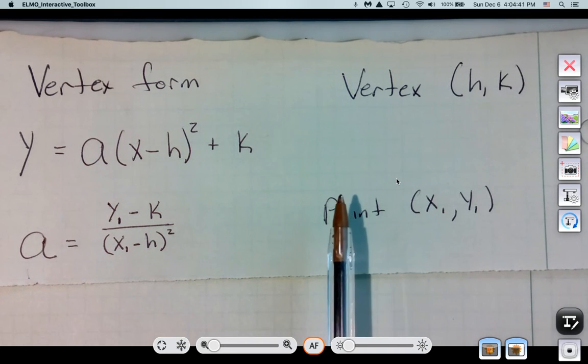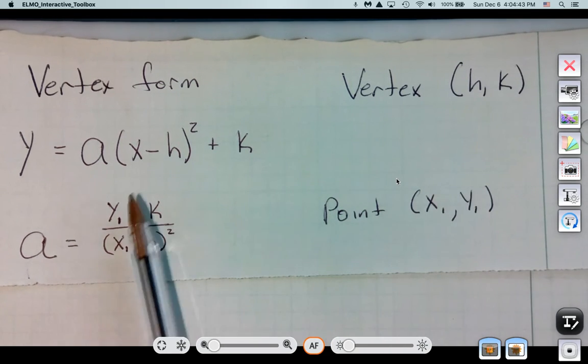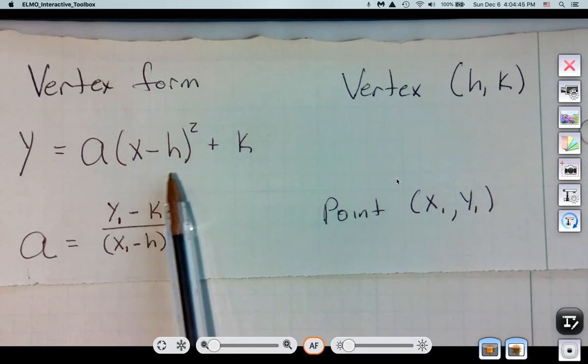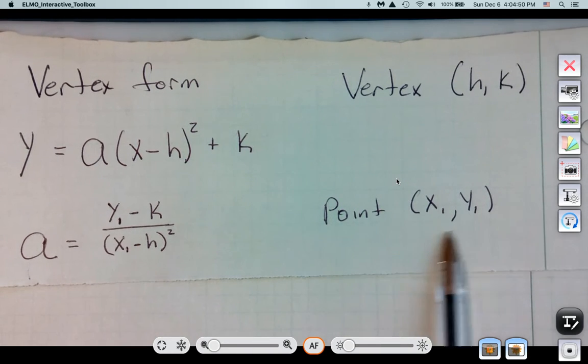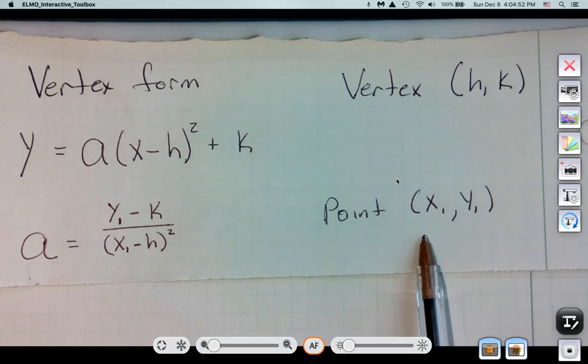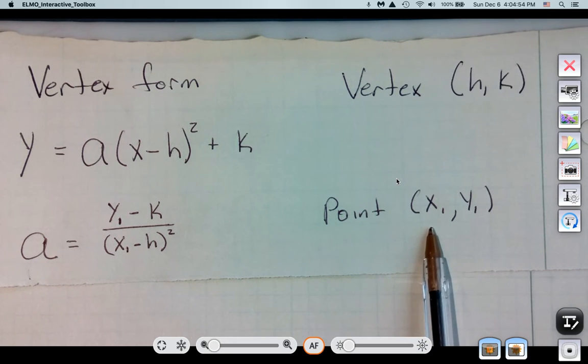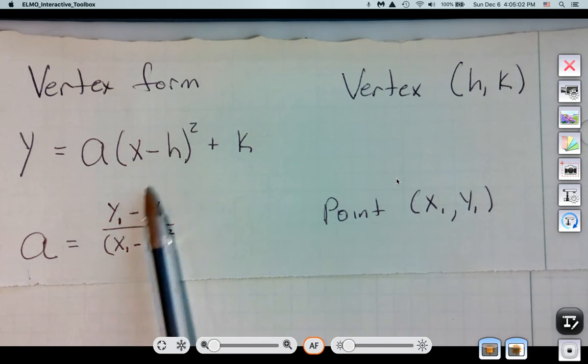Now, given the vertex, we don't know a. We know the h and the k, which are nice, but we don't know a. But if we're given a point, some random point on the quadratic equation, or the parabola, the graph, this x1, y1 point, we can rearrange this.